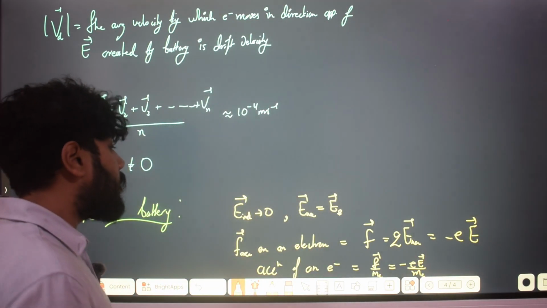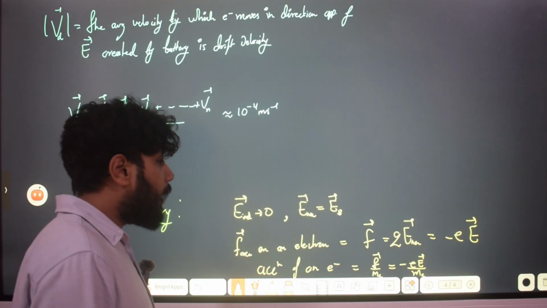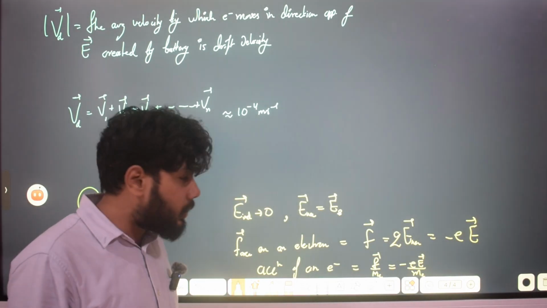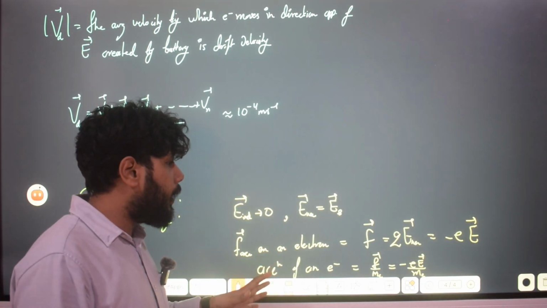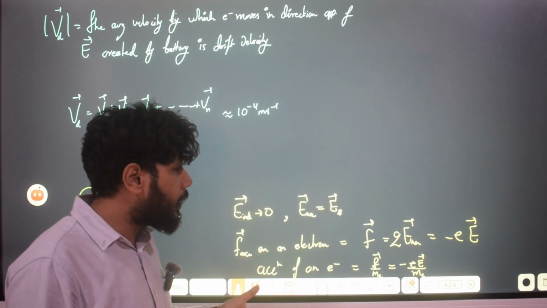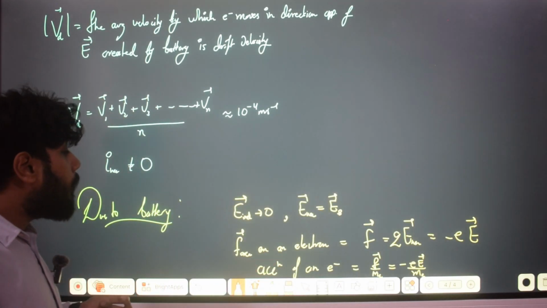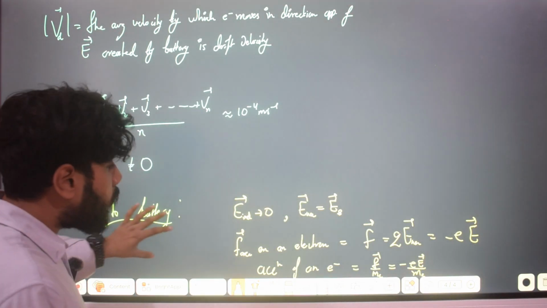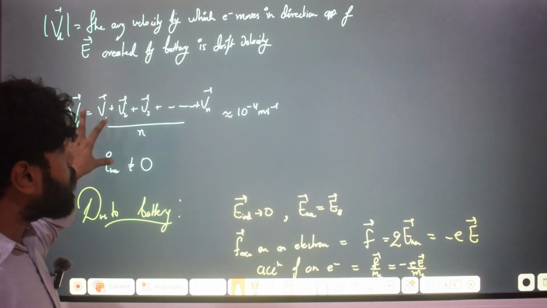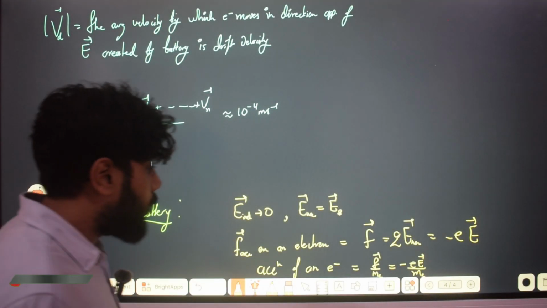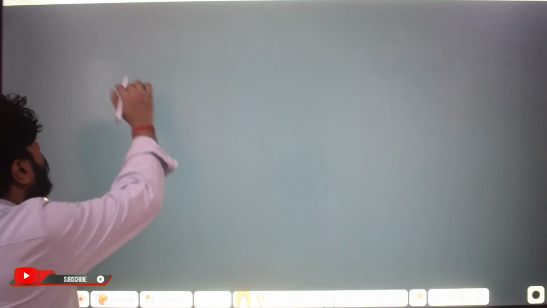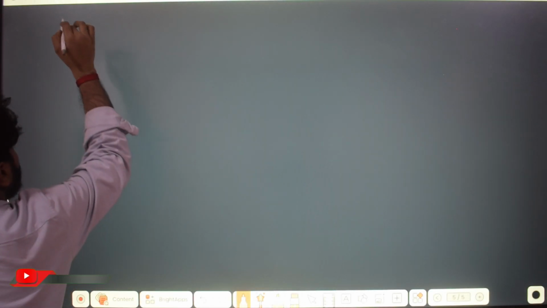This is the thing which is different from the other two cases: F net is non-zero, and there is some acceleration also, and F and a are both in the same direction, opposite to the electric field created by the battery. This is why the electrons have non-zero average velocity. Got it? So because of this, we understood the average velocity was non-zero.